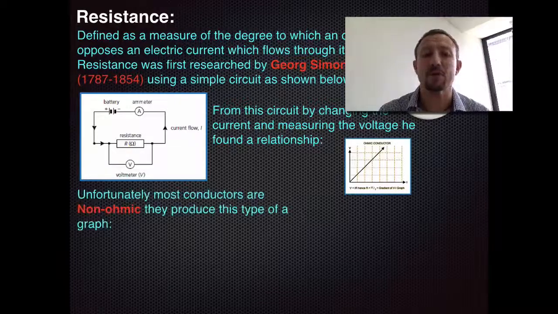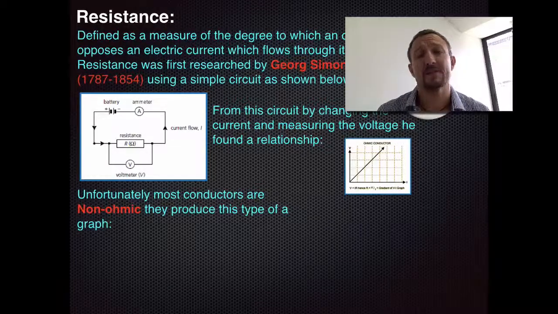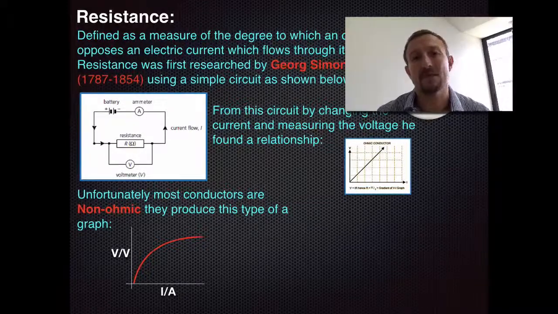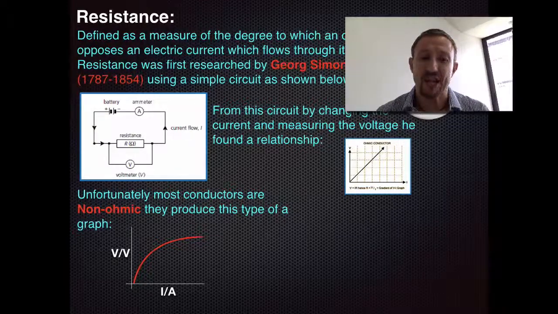However, there are slight problems, and this comes up in non-ohmic conductors, where what tends to happen is you get a graph which is similar to this, or it can be the reverse of this, so it's actually going in an exponential shape. And what this basically means is that the resistance is going to change due to a change in current.